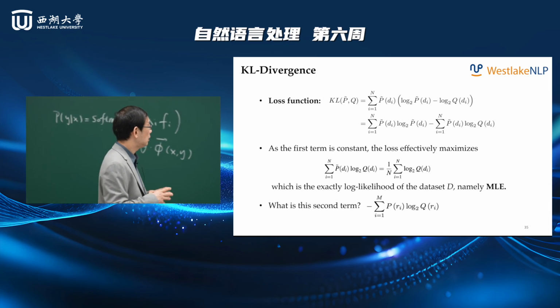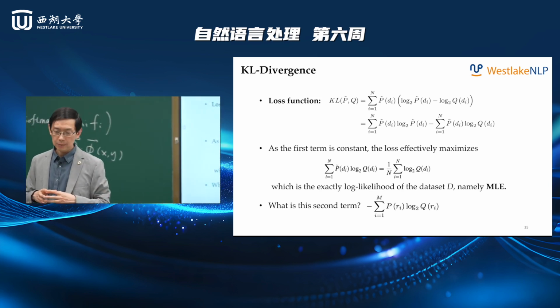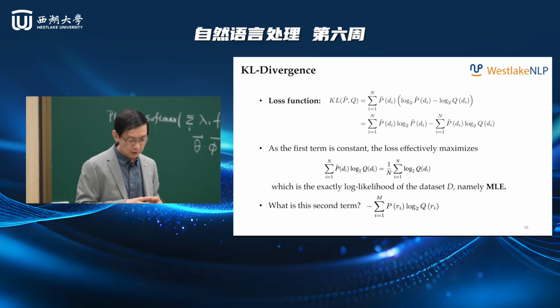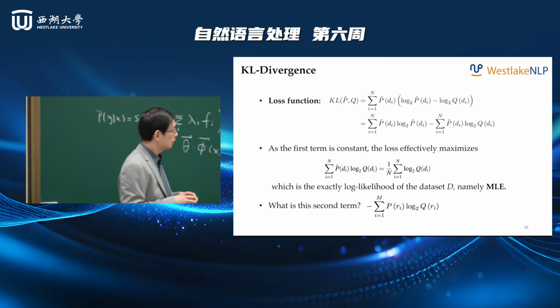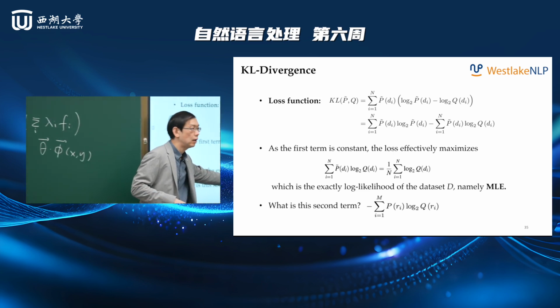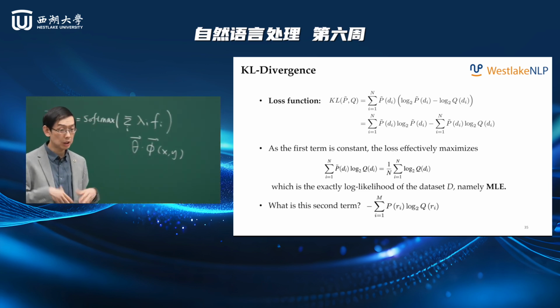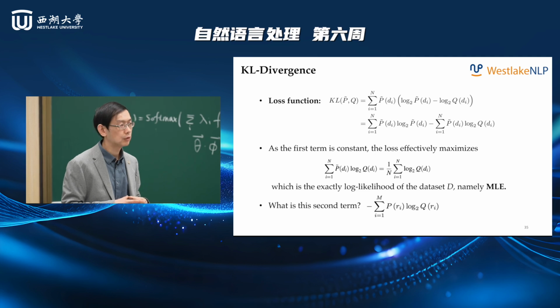I only need to minimize the second term, which is minimizing minus the sum of 1 over n log 2 Q, which means I maximize the sum of 1 over n log 2 Q.